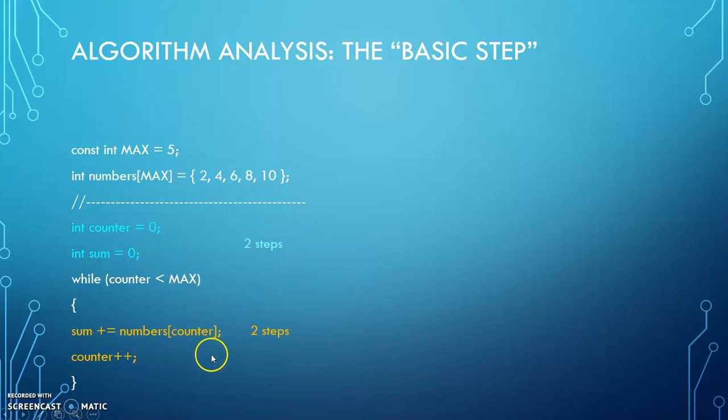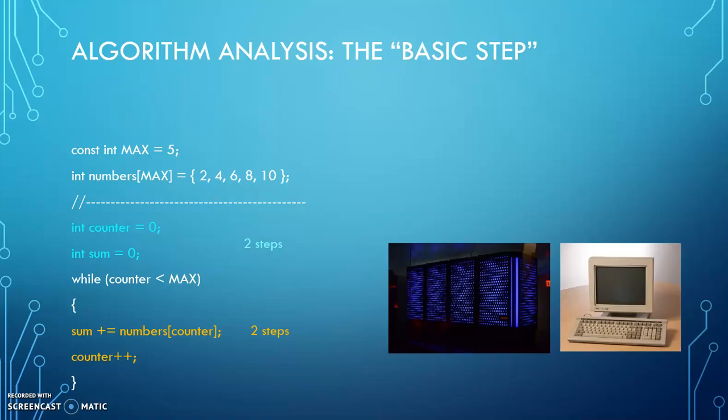So that's really 10 steps because it's 2 times 5, but I'm getting ahead of myself. So those are the steps involved in this algorithm. Now the thing is, I'm getting really nitpicky here, and it's pointless because there's this issue again. What are we running this algorithm on? Is it this one? Is it the old junky computer?